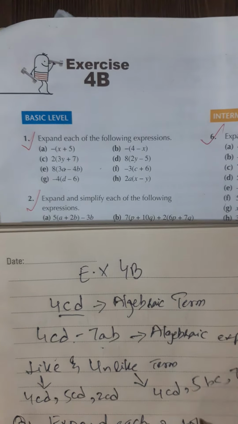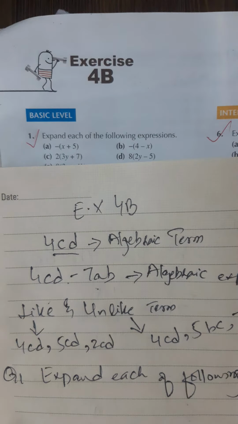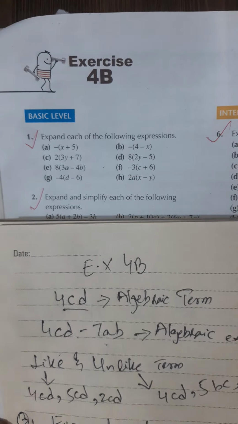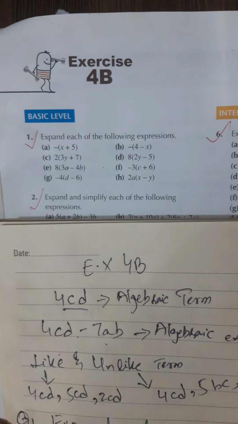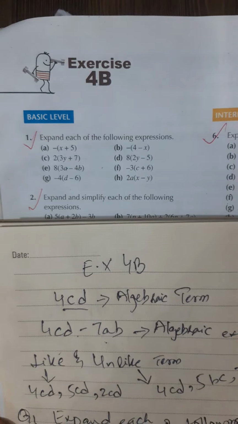Now how to expand it? In this exercise, we are basically working with signs. When we multiply the sign, negative sign, the inner signs will change. Let's see the practice part A. Its minus sign is outside the bracket and x plus 5.